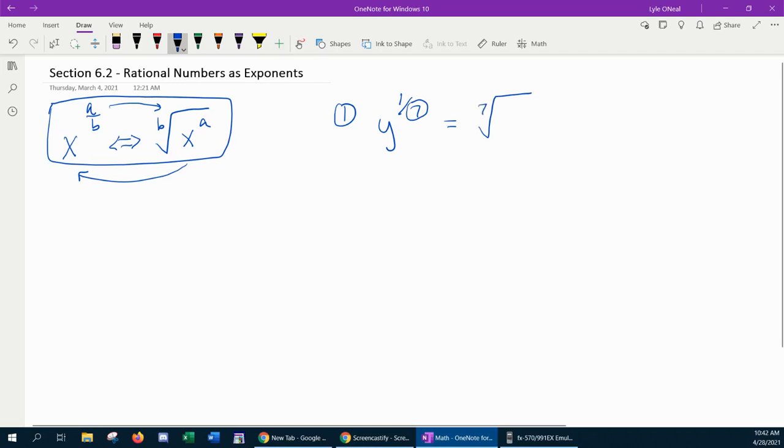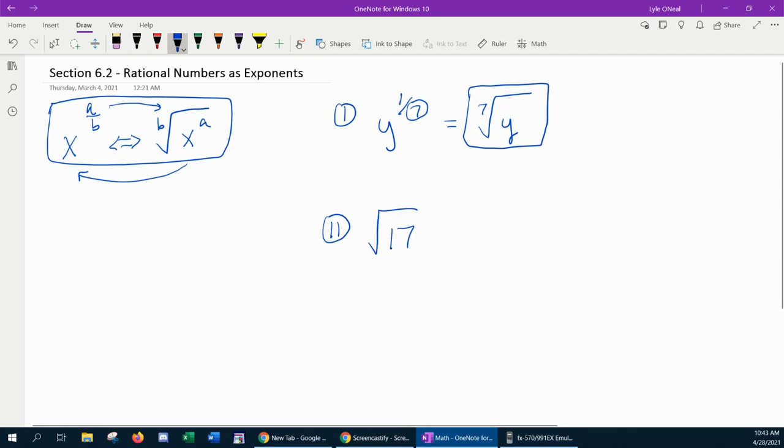A way that I remember that, I ask my students, where do roots grow? Well, roots grow underground. And so whatever's underground becomes the root or the index. And the variable is going to get raised to the first power. But remember, anything to the first power is itself. And so there is the expression written in radical form.